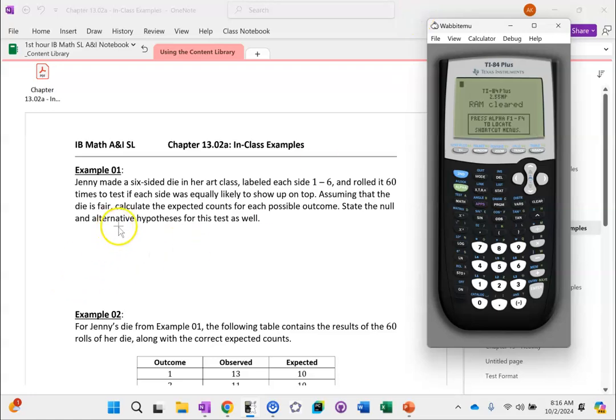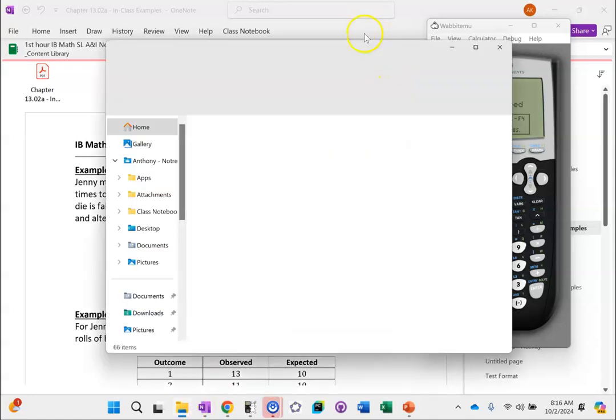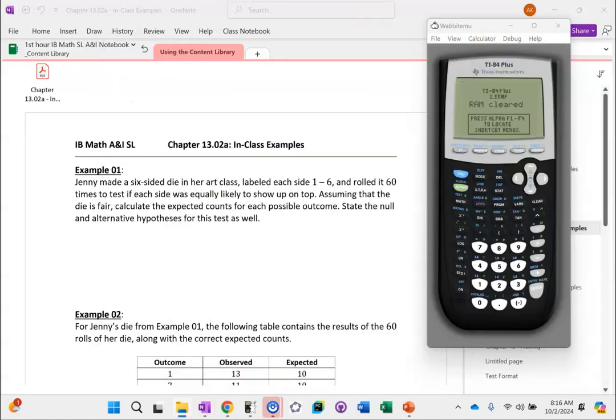Okay. Who is going to tell me the, well, let's start with the null and alternative. The null is that the die is fair, and the alternative is that it isn't. Or that it's not that it's fair, that the outcomes are equally possible. Yes.